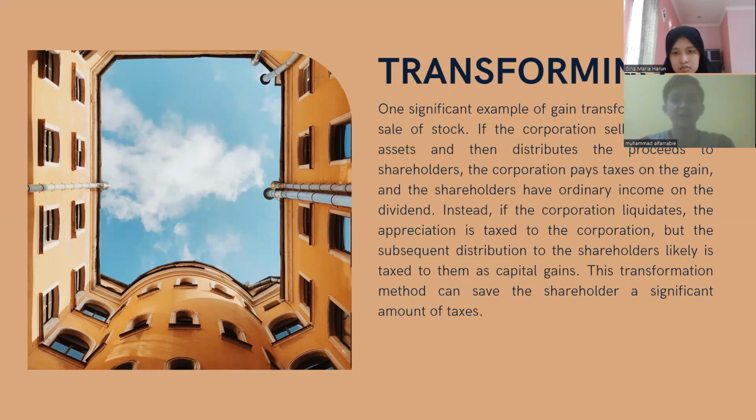Instead, if the corporation liquidates, the appreciation is taxed to the corporation, but the subsequent distribution to the shareholders likely is taxed to them as capital gains. This transformation method can save the shareholder a significant amount of taxes.